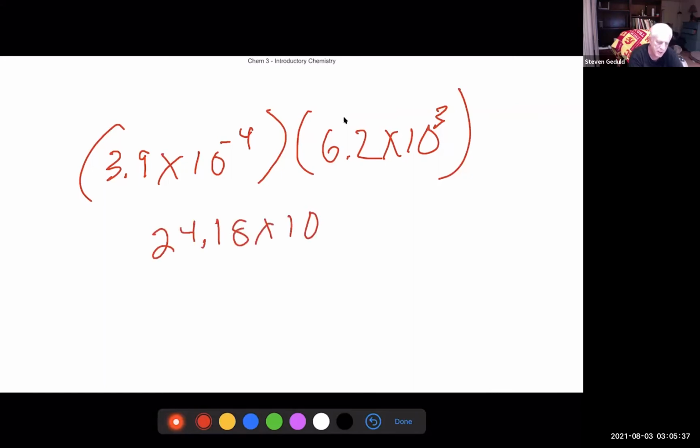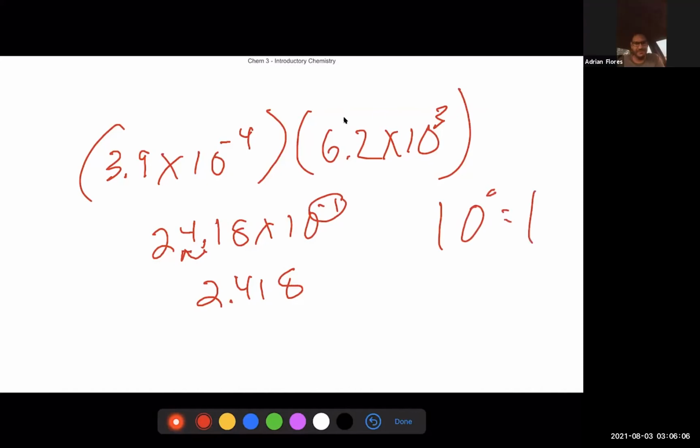And it's 10 to the, and minus 4 plus 3 is negative 1. So this becomes 2.418. You moved the decimal one place, made that smaller, made this bigger by 1, so it becomes 10 to the 0, right? 10 raised to the 0 power is just equal to 1.